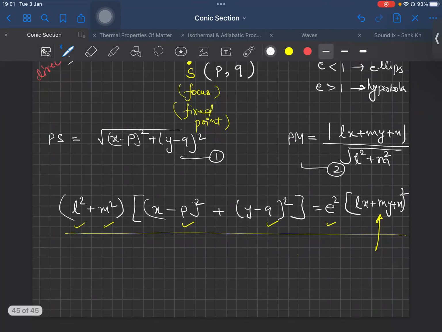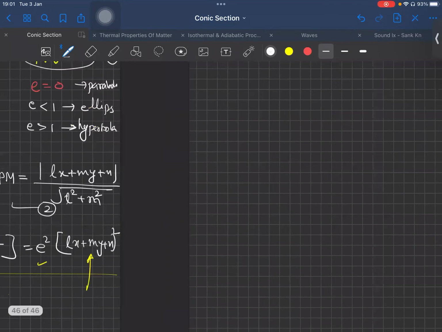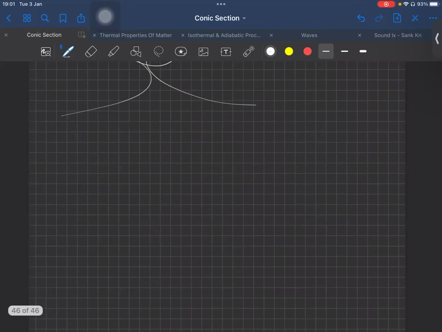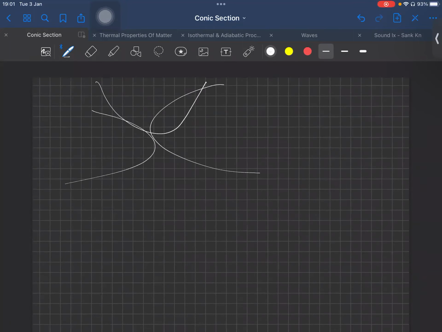All right. We have studied different types of parabola: mouth opening towards the positive x-axis, mouth opening to the positive y-axis, mouth opening to the negative x-axis, mouth opening to the negative y-axis. So these are the types of parabola we have studied.